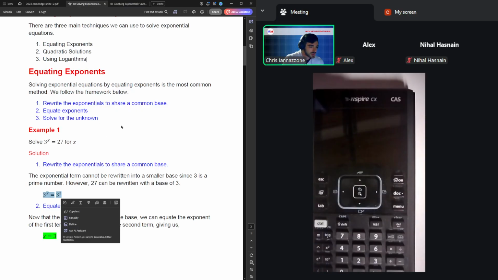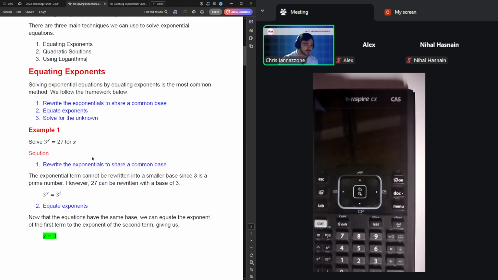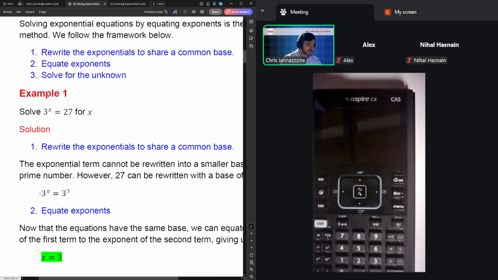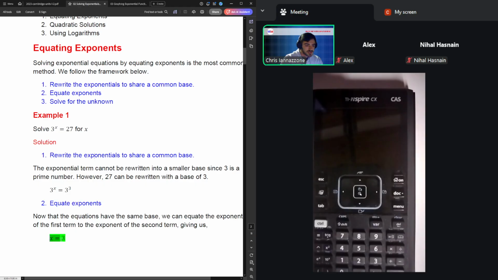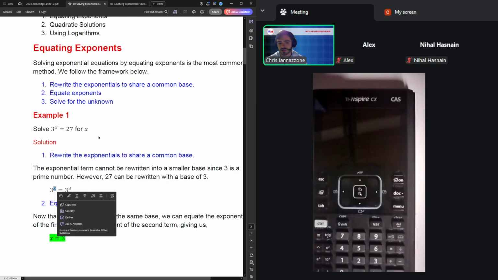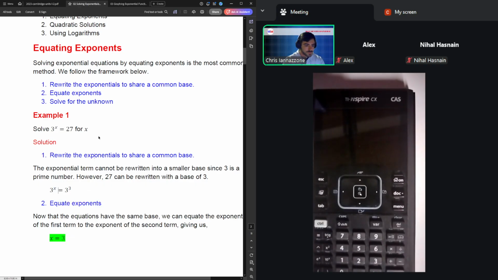Now that we have a simple equation like this, 3 to the power of x is equal to 3 to the power of 3, because the left-hand side and right-hand side bases are identical, we don't really need to consider them anymore, and we just need to consider what's in the powers, right? This is saying 3 to the power of something is equal to 3 to the power of 3. By a very quick observation, we can determine that x is going to be 3. Alright, if I put the number 3 there, left-hand side is equal to right-hand side.